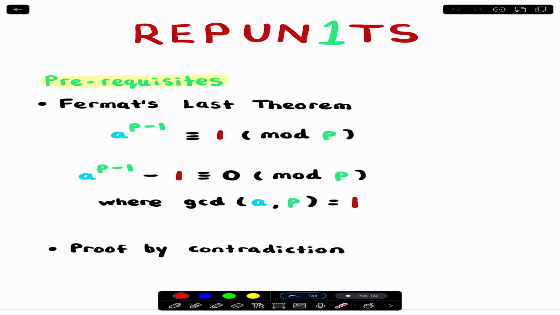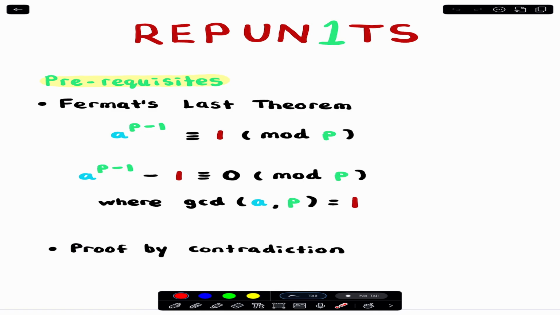And since subtraction is totally allowed in modular arithmetic, we can subtract 1 on both sides and get this equivalent form. But these two are basically saying the same thing. So if you like to think of it as a to the power of p minus 1 minus 1 is congruent to 0 mod p, there's nothing wrong with that as well.